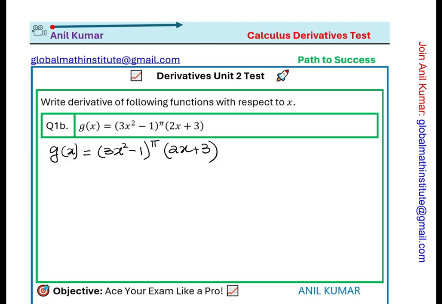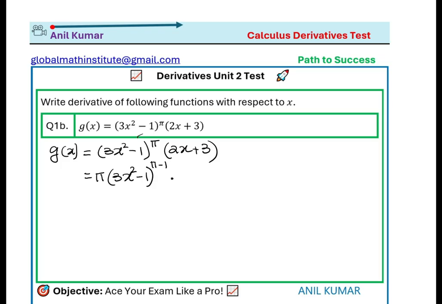So the derivative will be derivative of the first function, which is pi times 3x squared minus 1 to the power of pi minus 1. That's a critical step. Times derivative of inside function. Let me write here very clearly. Inside function is 3x squared minus 1, correct?